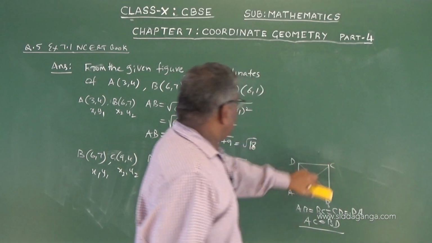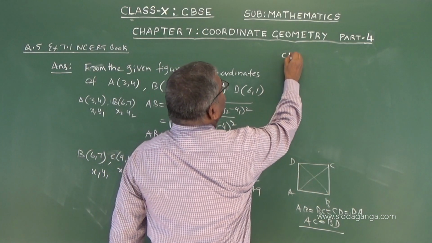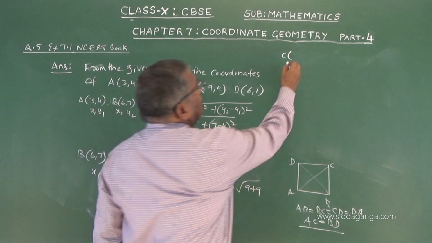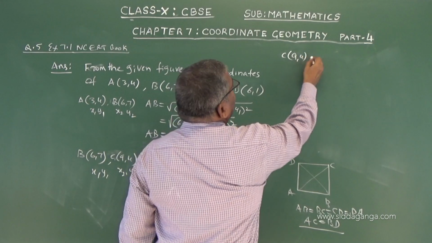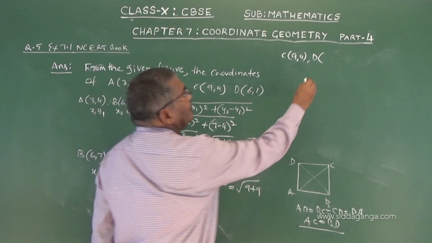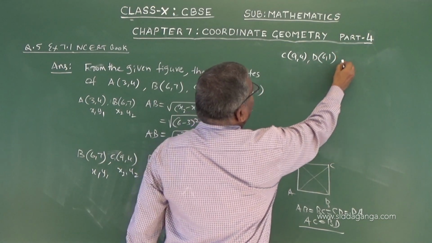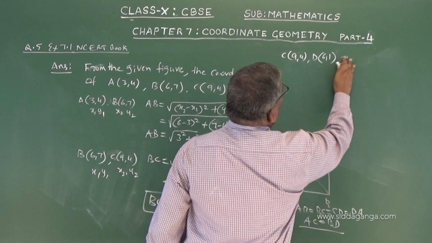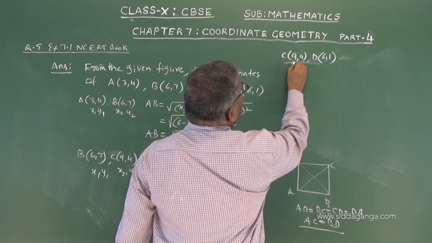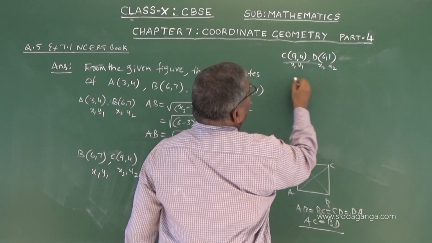Now I will find out CD. You take point C, which is (9, 4), and D is (6, 1). It may not be visible for you. You take this as x1, y1, x2, y2.